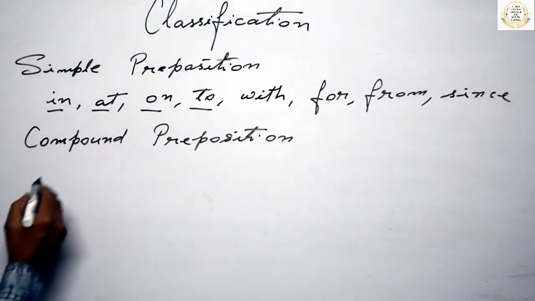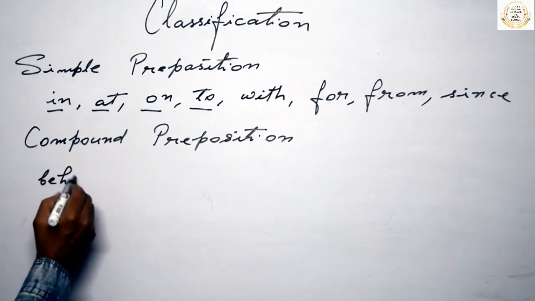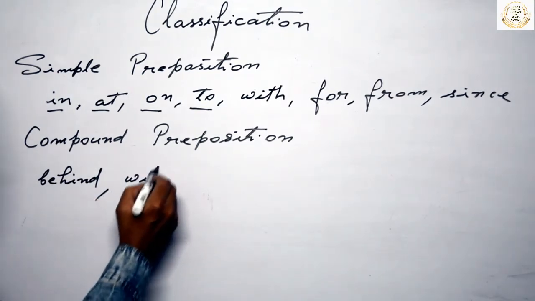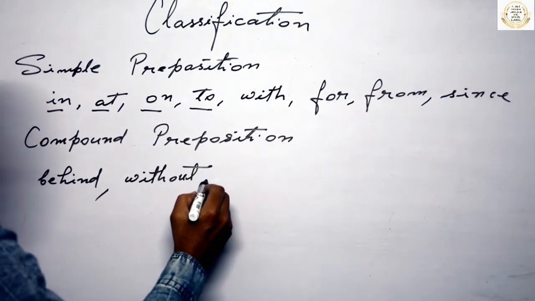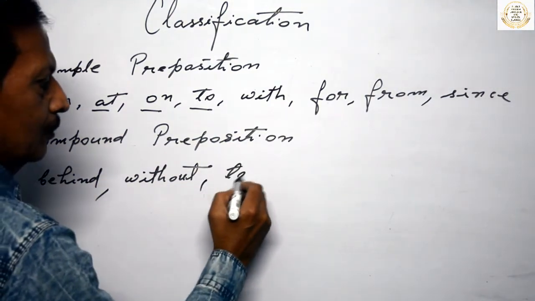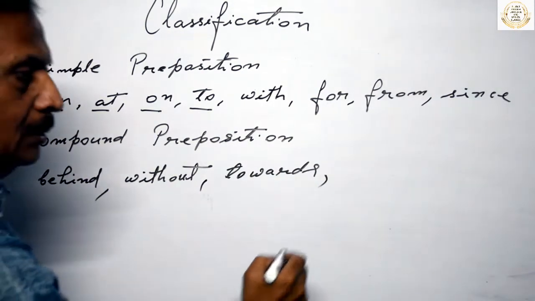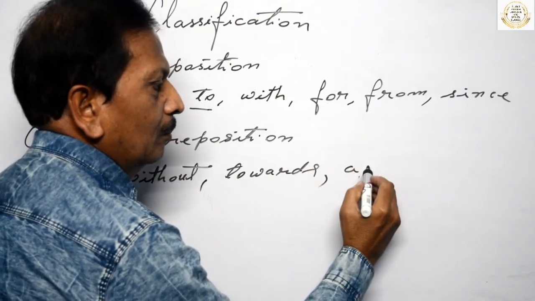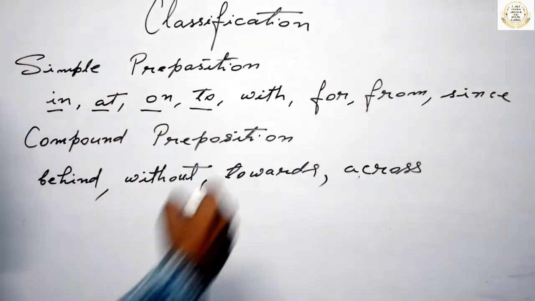Some prepositions are behind, without, towards, across, like this.